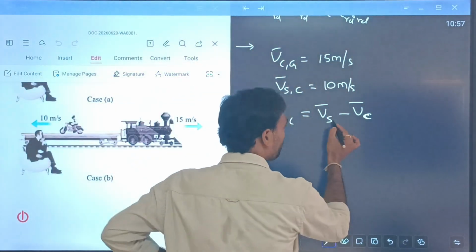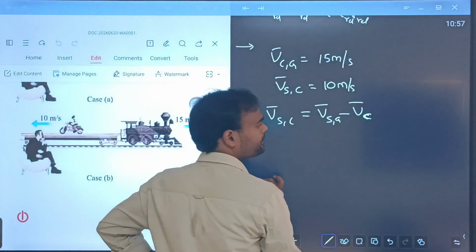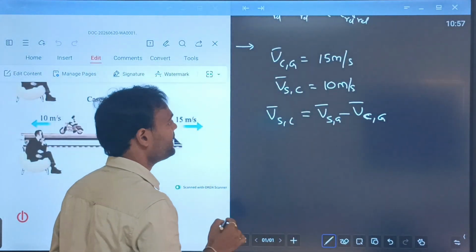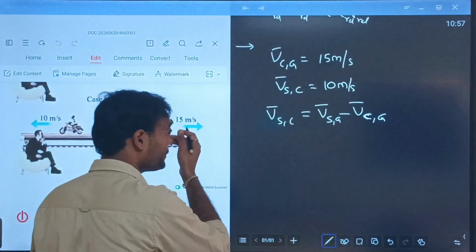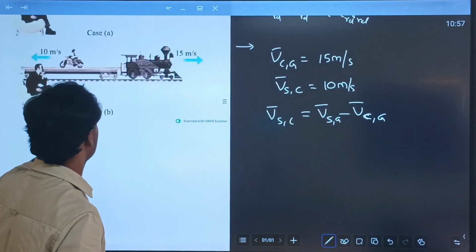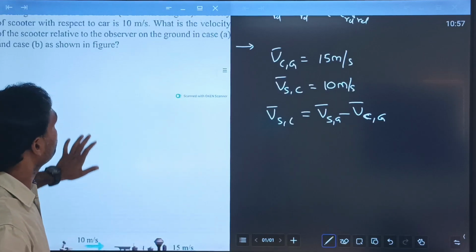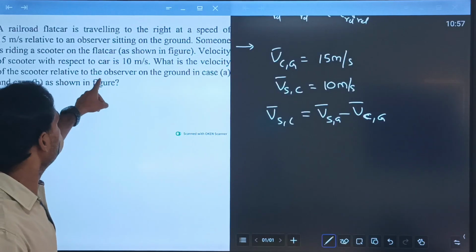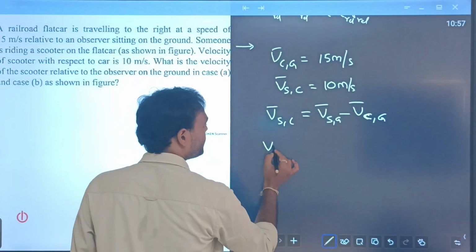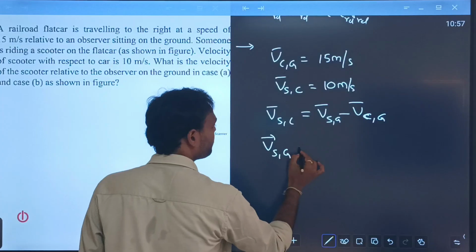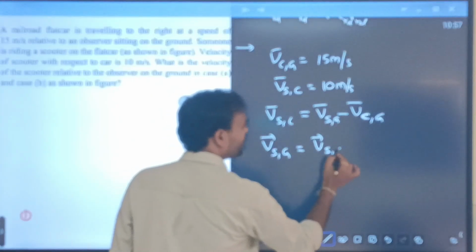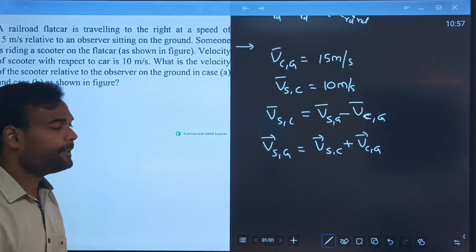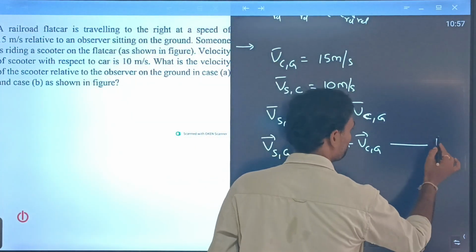So here, velocity of scooter with respect to ground, and velocity of car with respect to ground. They are asking what is the velocity of the scooter relative to the observer on the ground. That means velocity of scooter with respect to ground is equal to velocity of scooter with respect to car plus velocity of car with respect to ground. Clear? And this is the method of the first equation.